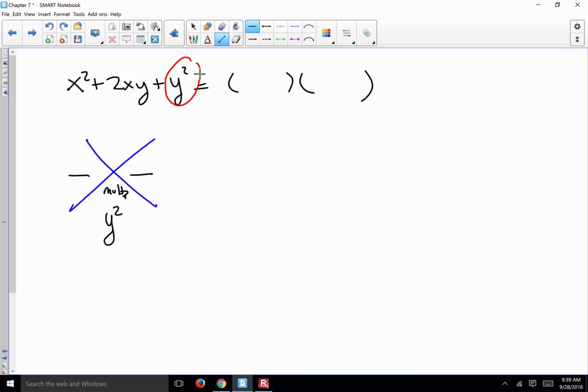Just ignore these guys. Ignore the variables and just look at the numbers in front. You're going to multiply two items and it's going to make 1, but when you add them, it's going to make 2. You're trying to make 1 and 2.